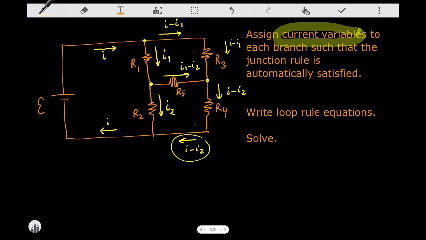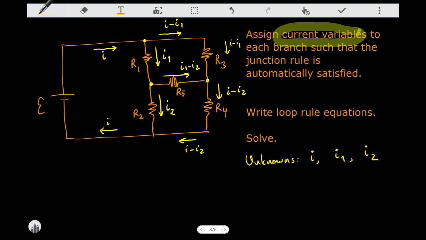So these 2 currents join in this branch and then continue as the current I. So at that point the junction rule is again satisfied. So for all junctions, the junction rule is satisfied. For this reason, I don't need to check the junction rule anymore. So the unknowns in that case, there are three unknowns: I, I1, and I2.